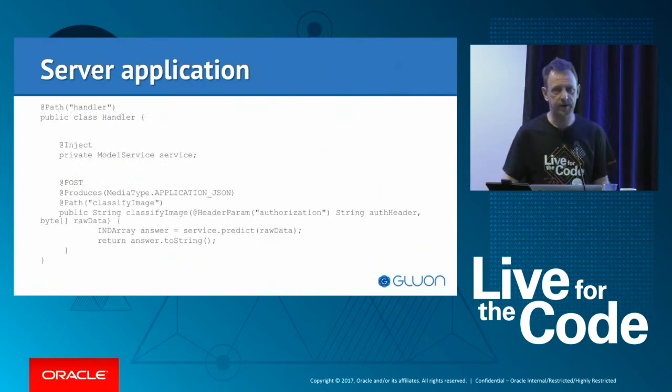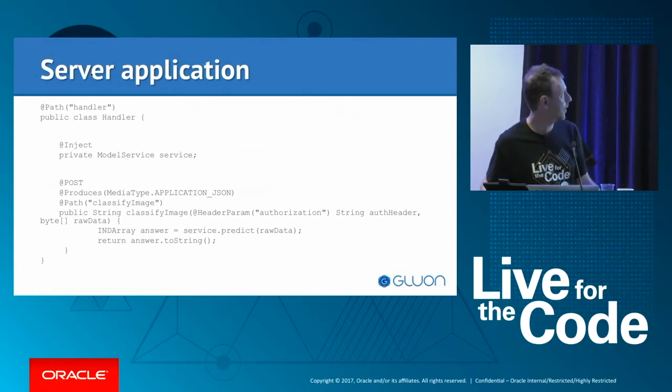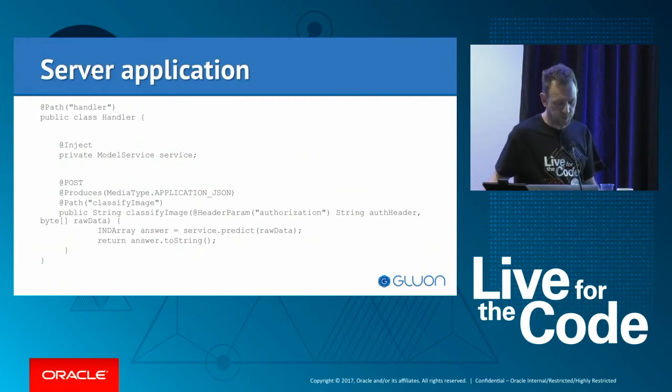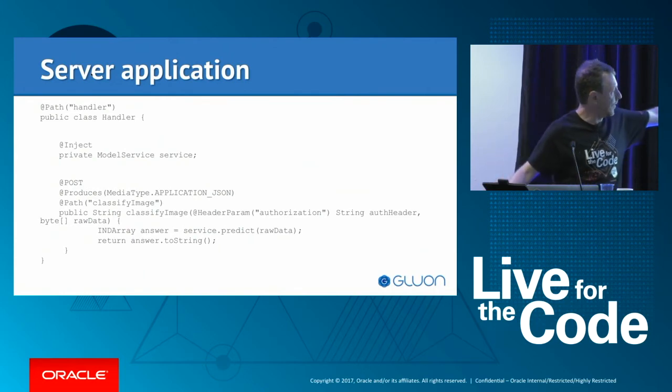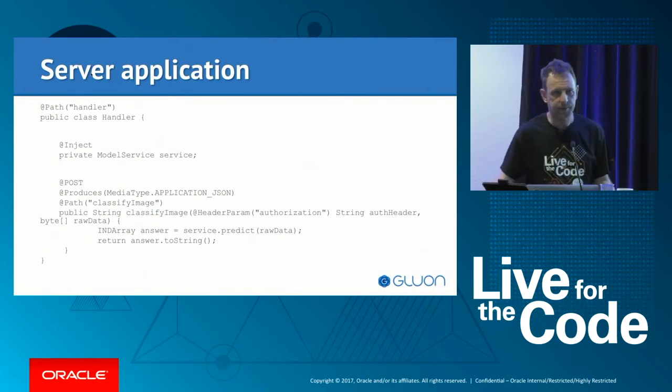So this is a very simple handler. It's using JAX-RS to tell that requests that are prefixed with the path handler and then have the path classify image will be handled by this method. We will send the JSON string back. You see that we give raw data as bytes.